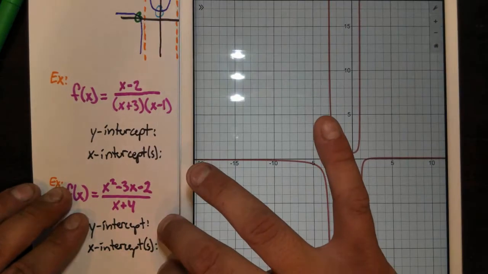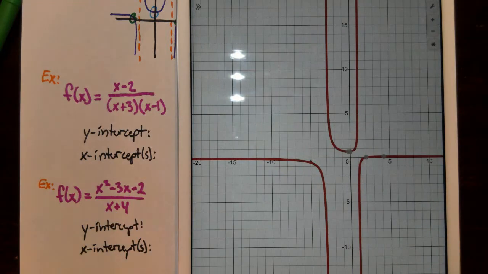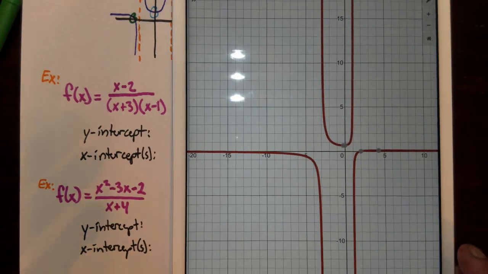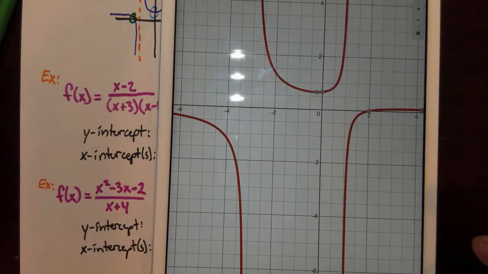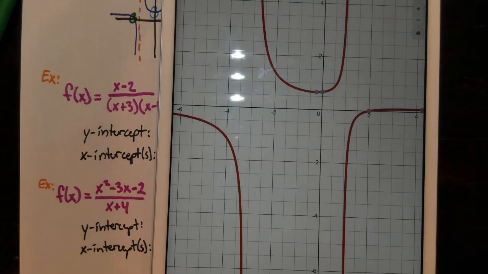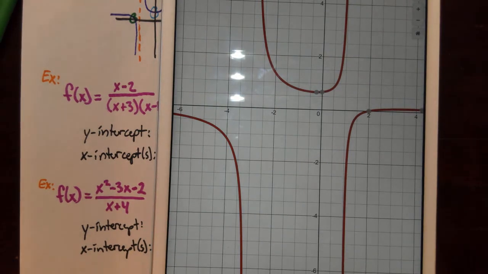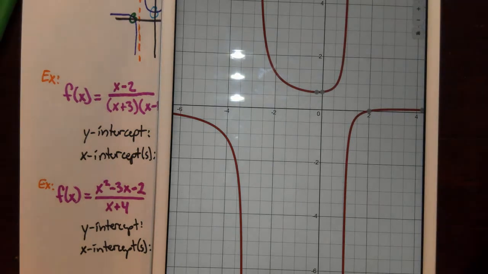What's nice about Desmos is that if you click the function, it gives you important points on the function. Notice it gives us these little dots here. These dots give us the x and y intercepts, but it also gives us the minimums and maximums, right?